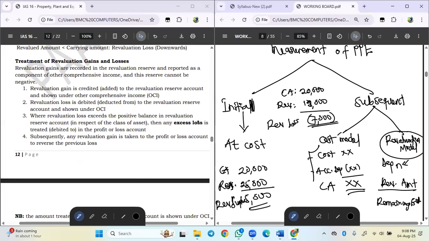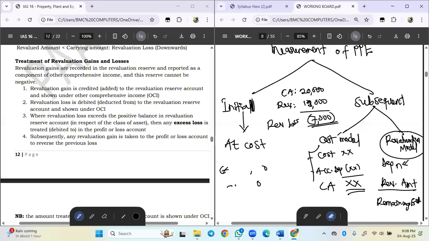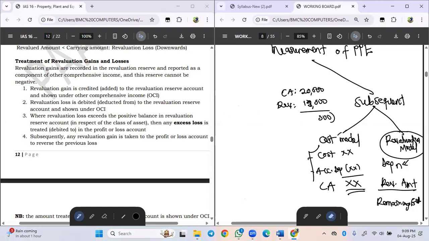It's simple. We are saying that revaluation gains are recorded in the revaluation reserves. And that revaluation reserves is reported as what? Other component of equity. So when we're doing the consolidation, you see equity, you see under it revaluation reserves, or sometimes you see other component of equity, revaluation reserves.